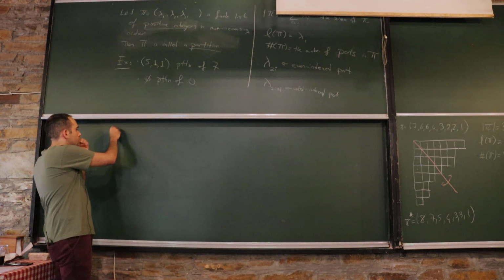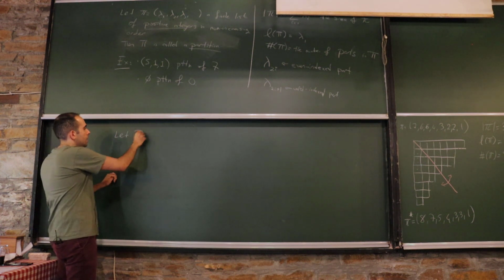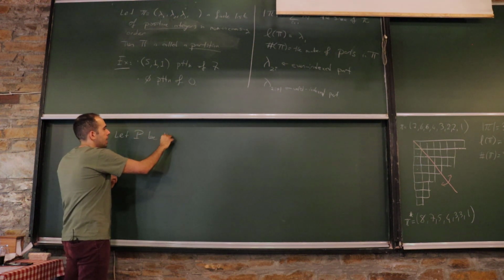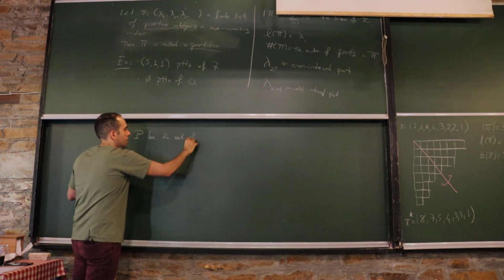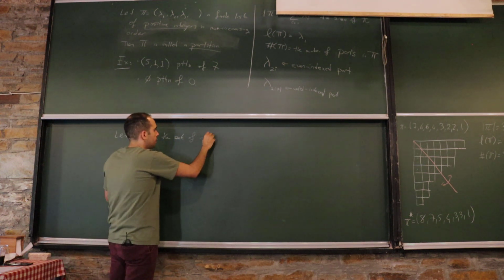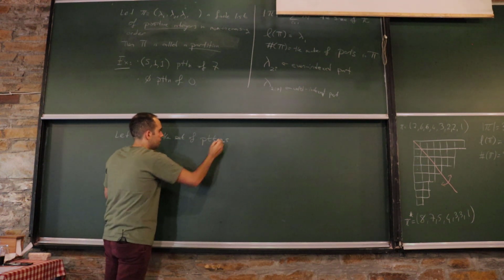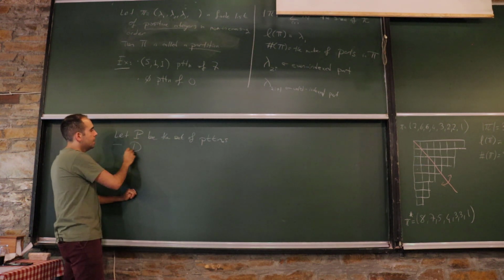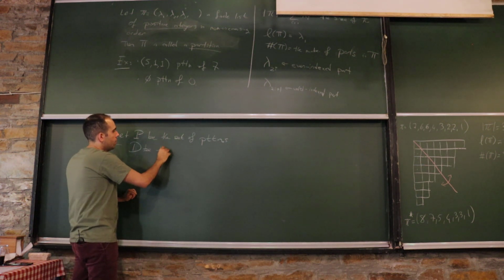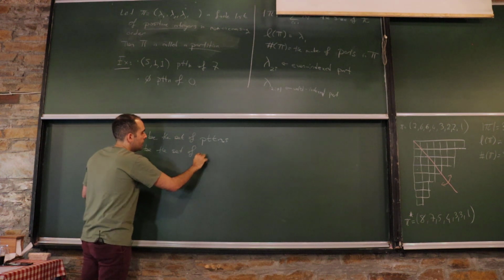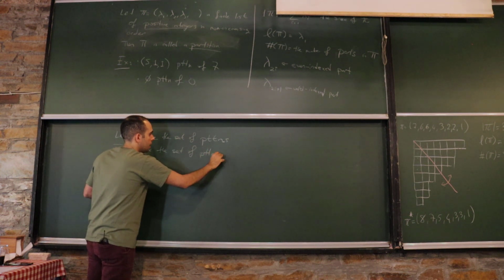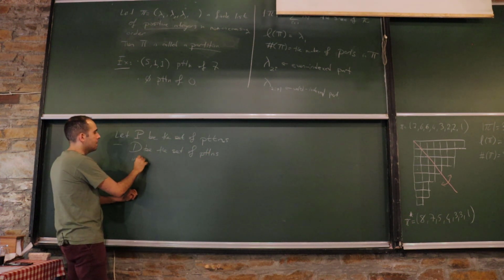So let me define two sets. Let P be the set of partitions, any partition. And let D be the set of partitions into distinct parts.